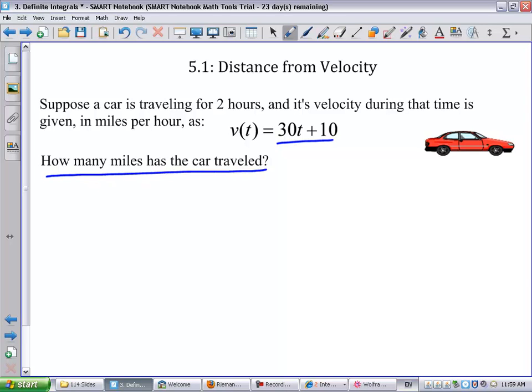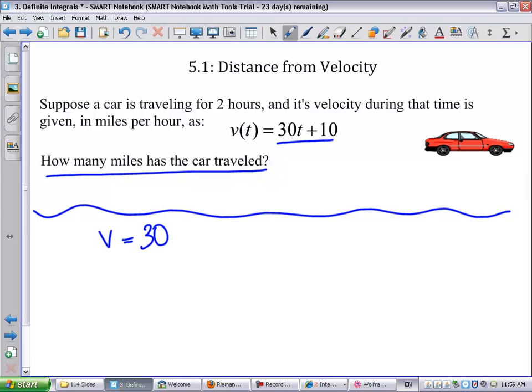All right, so the car is traveling in a straight line, so that's nice, but its speed is changing. So first of all, if I gave you an easier problem, one where the speed's not changing, if the velocity was always, say, 30, and you go for 2 hours, then what would your distance be?